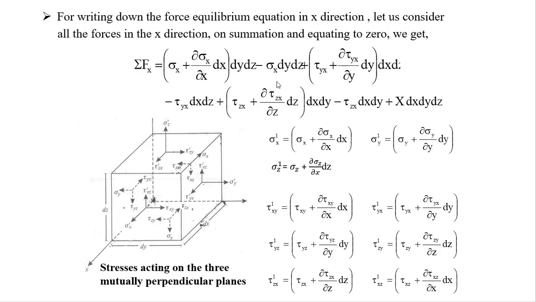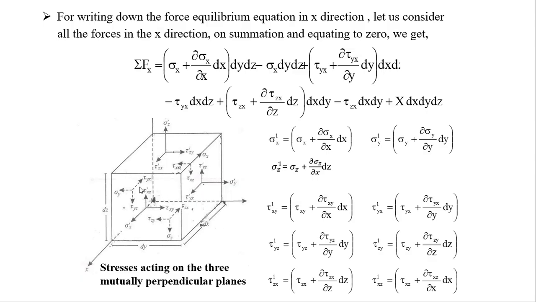Similarly, in the x direction we have shear force components. If you see here, tau yx is there at this particular surface, parallel to the x axis, and similarly tau y dash x, which is parallel to the x axis.